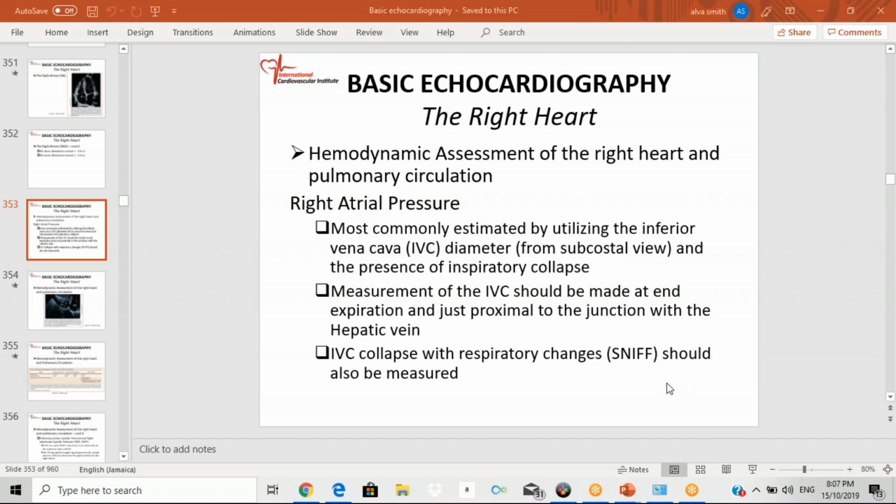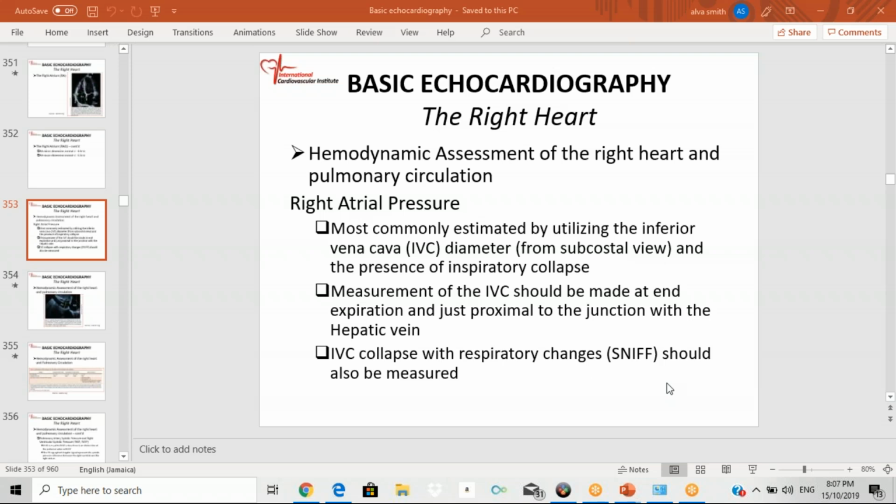And we looked at how to evaluate the RV function, and we spoke about different methods that we can use to evaluate the RV function. We talk about TAPSE, tricuspid annular plane systolic excursion. We went over the definition for that. We also look at RV S prime. That's another method, and we look at fractional area change.